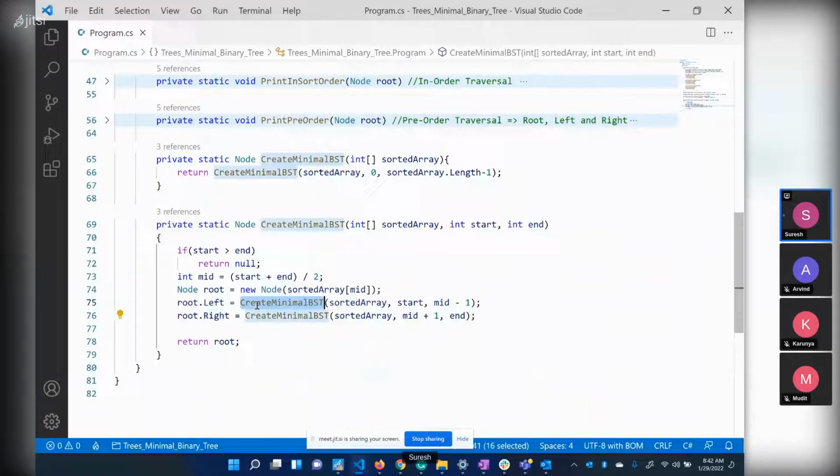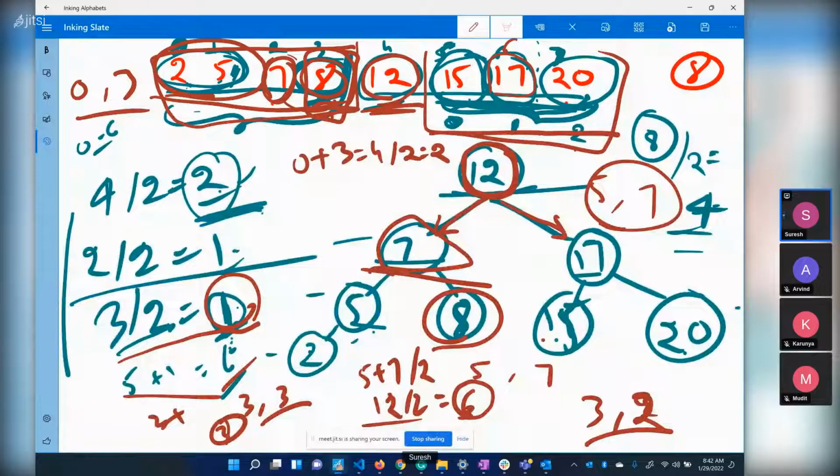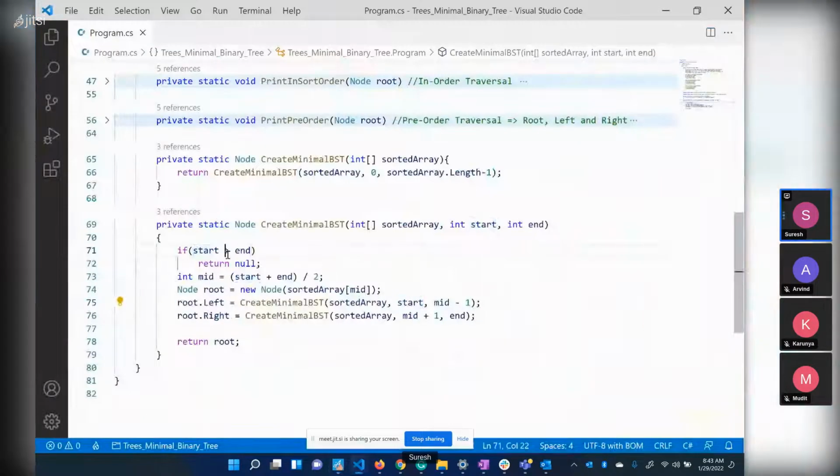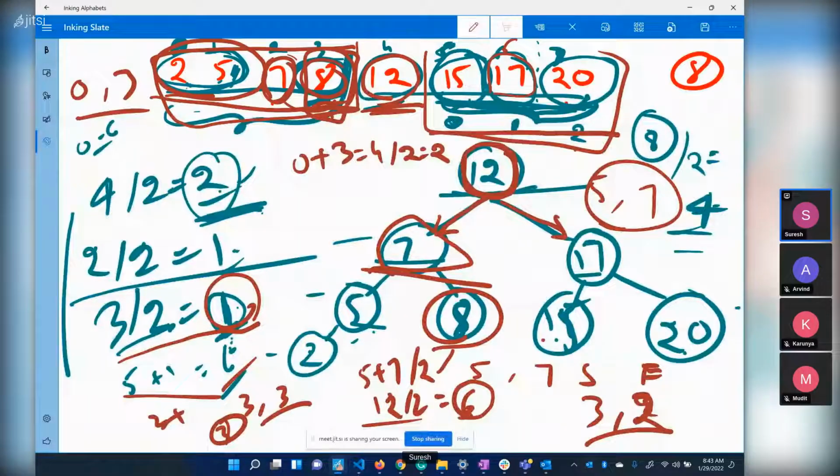When you call this one with start equal to 3 and end becomes 2, because 3 minus 1 is 2, that is the situation where start is greater than end. It will return null. That null becomes the left for 8, and same thing for right. That's how you are setting the null for left and right for 8. That's where it stops the recursion.